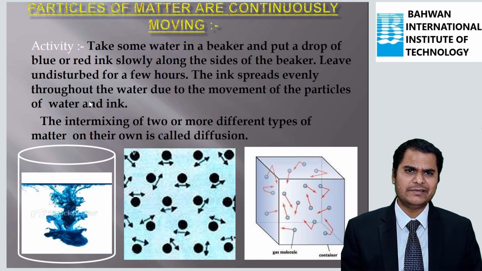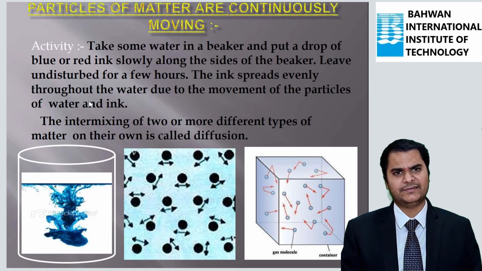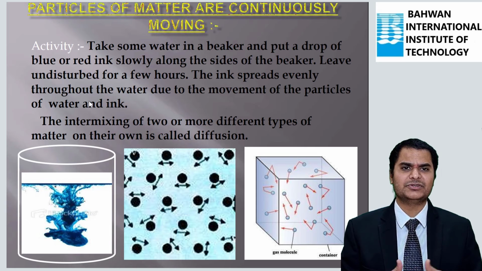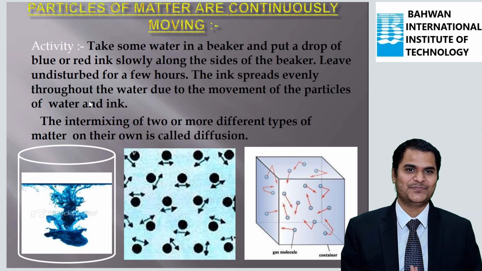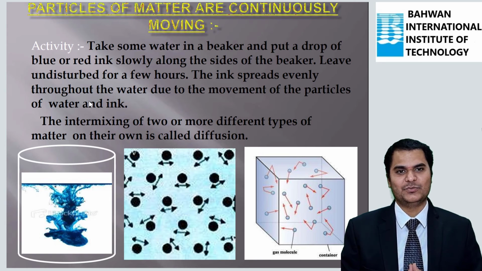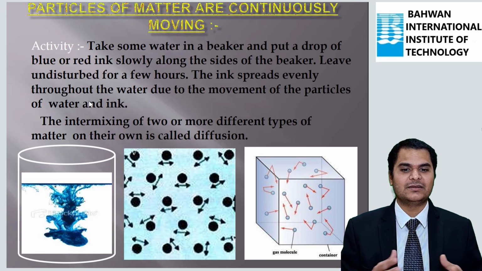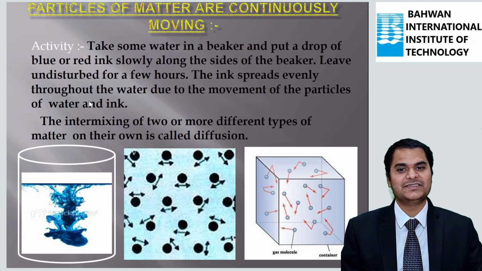Diffusion is very common especially in gases, the intermixing of gases, especially when we are cooking. We see that when we cook in the kitchen, that aroma, that fragrance and that smell, we can feel when we are in the living room or in the bedroom. That is all because diffusion is happening.